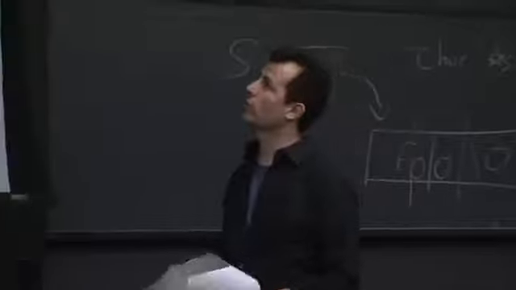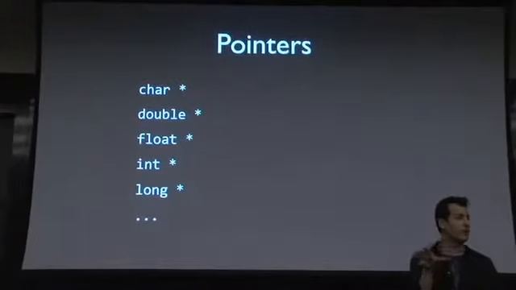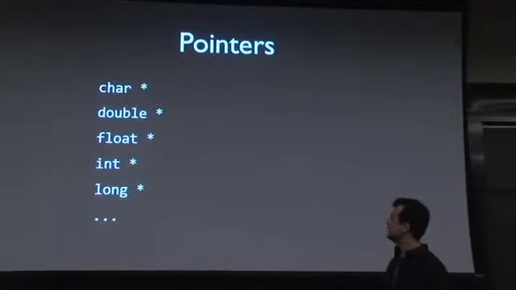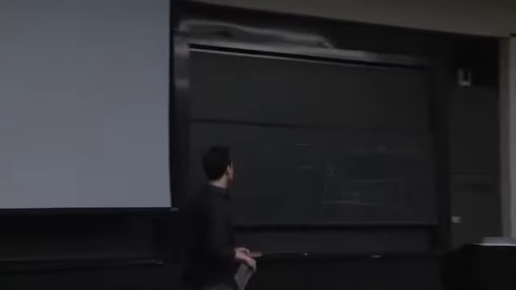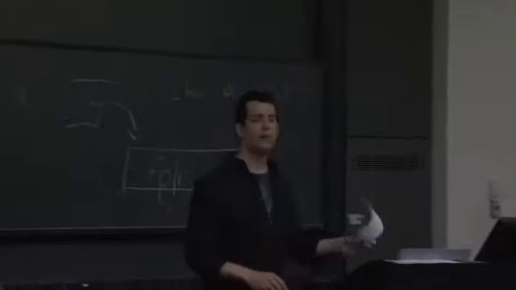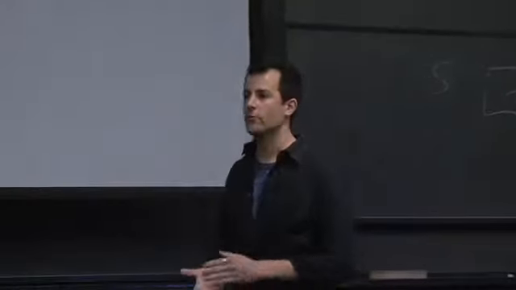We've only talked thus far about char star, but you can certainly have pointers to a double, which means the address of some 64-bit value, most likely in memory. You can have pointers to floats, ints, longs, really anything. And pointers allow, what are pointers useful for? Beyond strings. If you just have a pointer to an int or a pointer to a long or a float or a double, what's the value of that? Passing by reference, exactly.